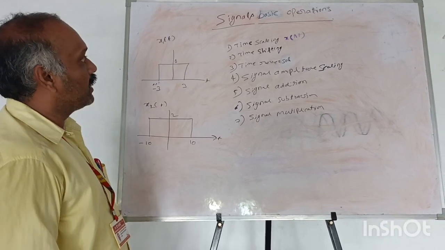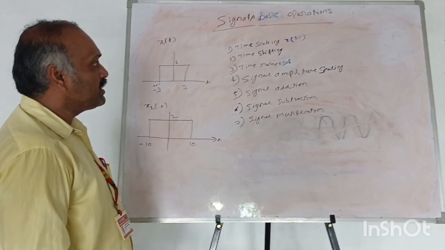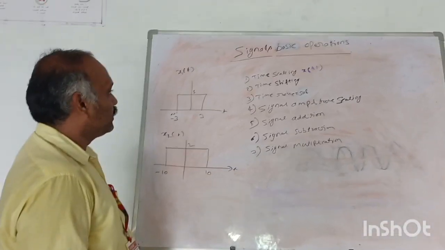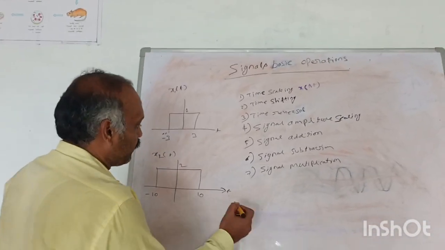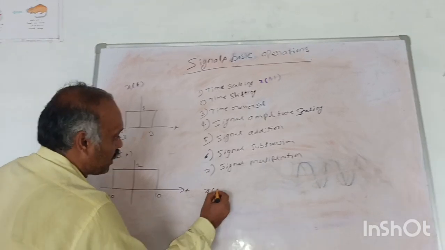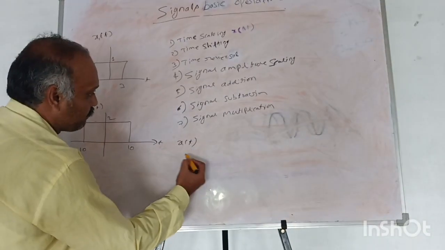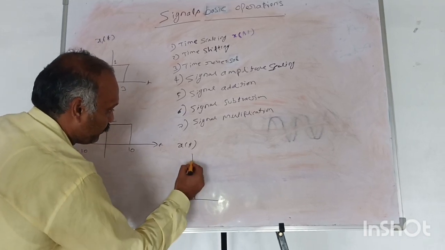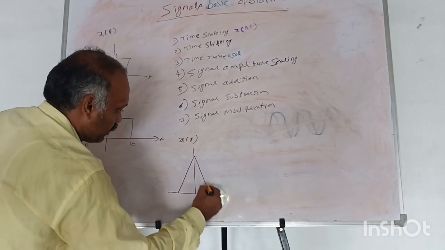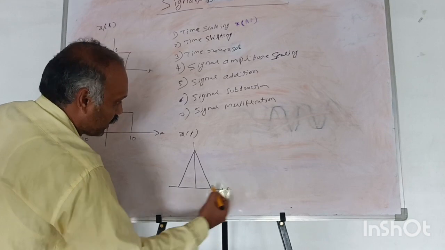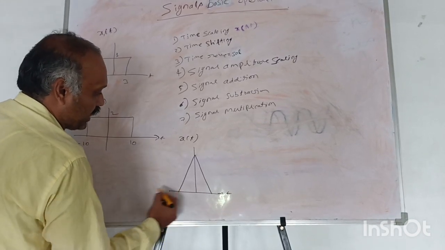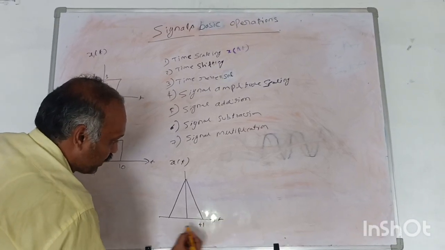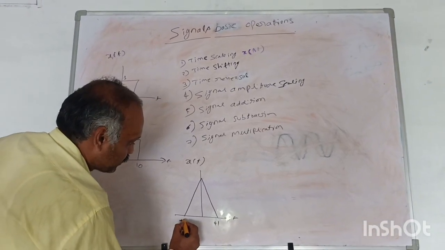The first one is time scaling. This is the time scaling version. For example, I am giving you x of t. Maybe this is a continuous time signal as I am drawing, with t on the axis, and you can say that this is plus 1 and this is minus 1.